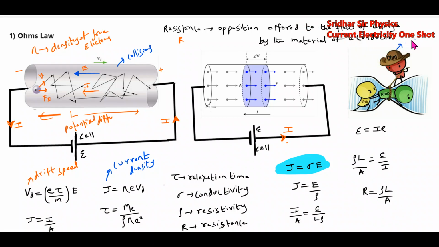This is called Ohm's law: V equals I R, where R is the resistance, I is the current, and V is the potential difference.